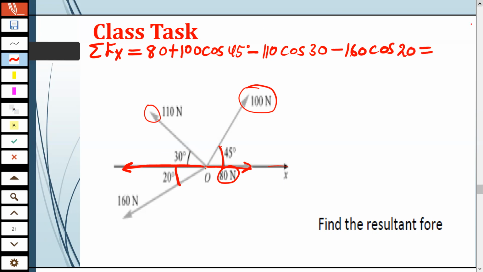So we're going to say 100 cos 45, that is giving us 70.7.